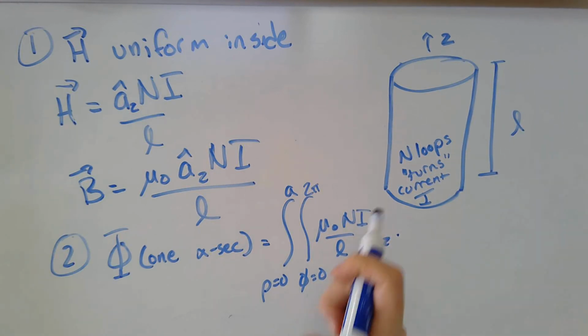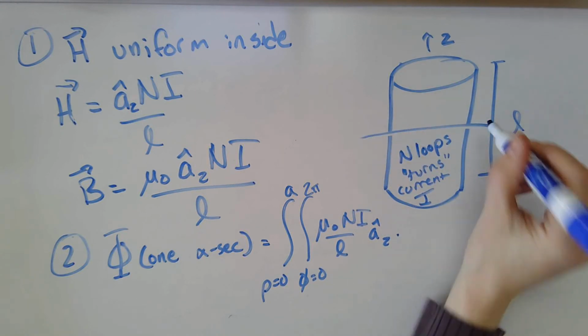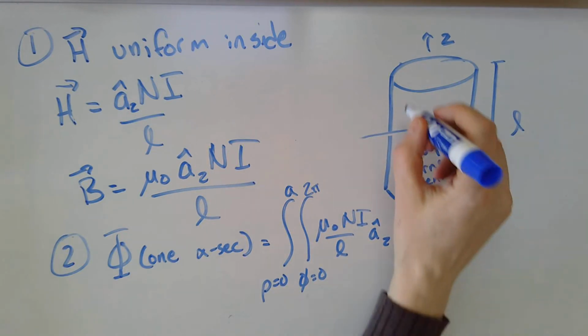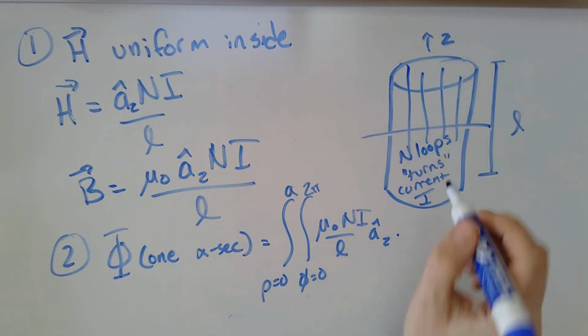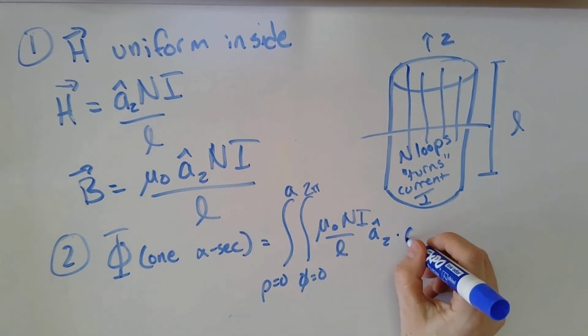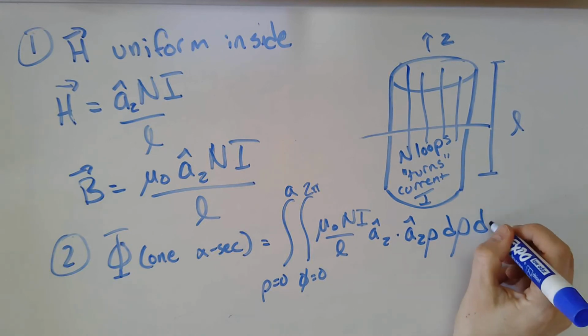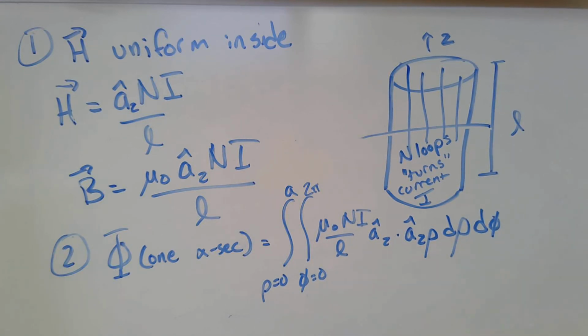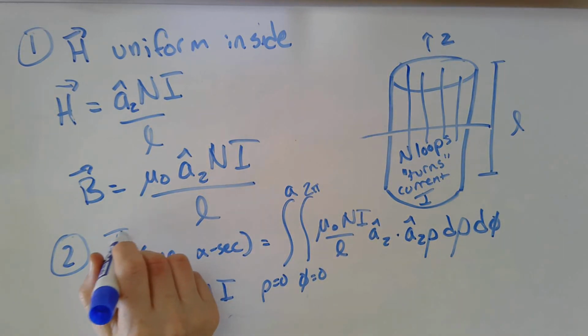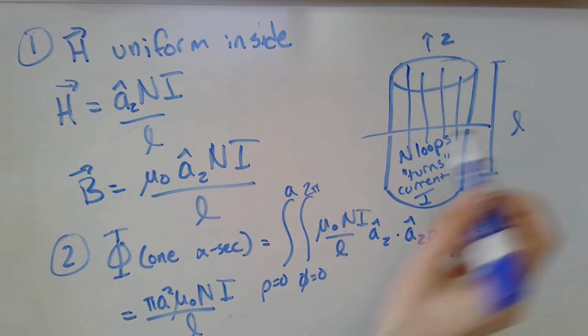So ds is normal to the surface. The surface is a cross-section of this thing because the lines of magnetic flux are going up and down it like that. So ds is a-hat-z rho d rho d phi. And that works out to a total flux of pi a squared mu naught N I over L. That is the flux through one cross-section.